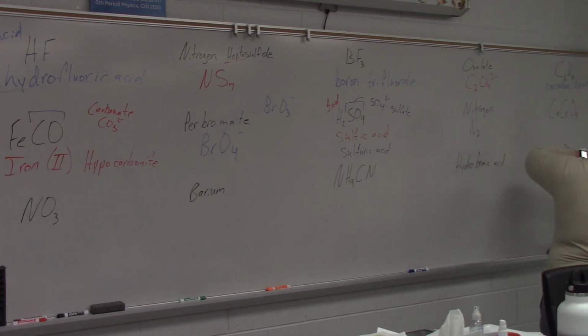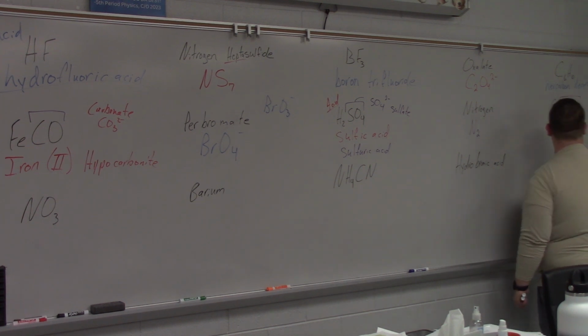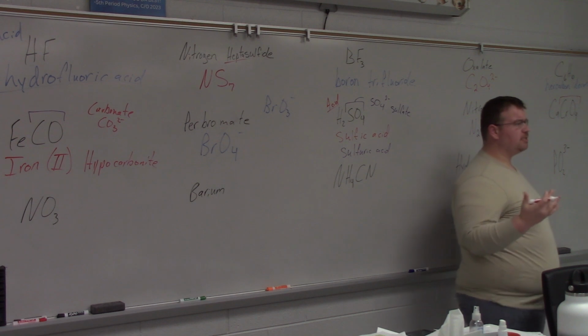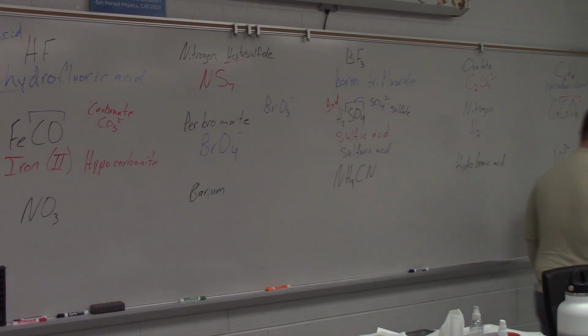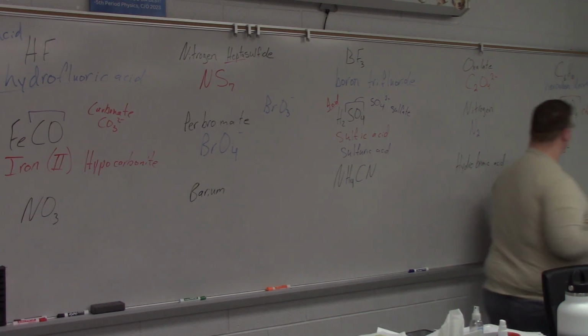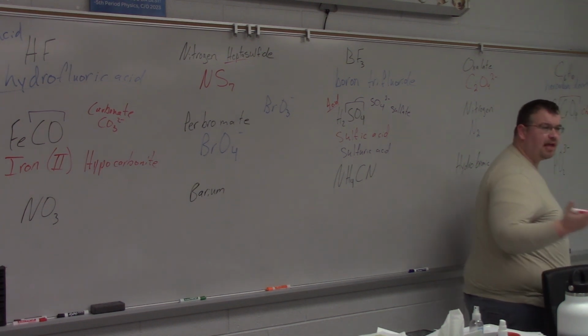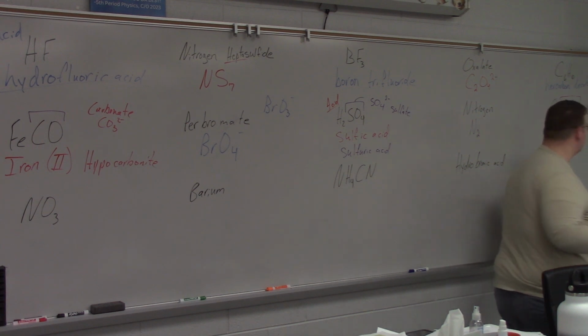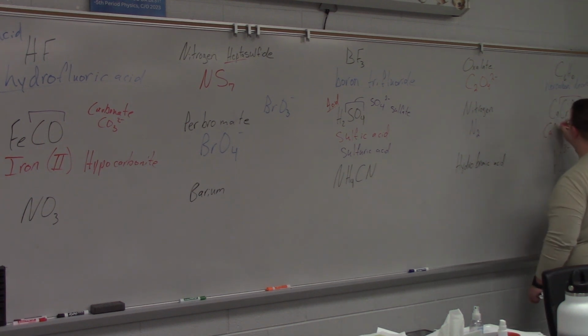Find the polyatomic ion. What is the polyatomic ion's name? Chromate. Alright, so from here it's calcium. Calcium has a fixed charge, so I don't have to worry about stock system. It's just calcium chromate.